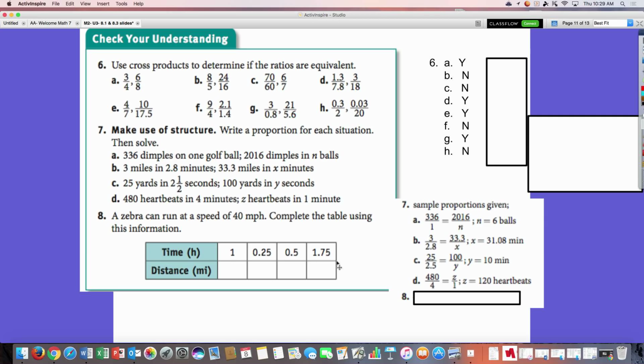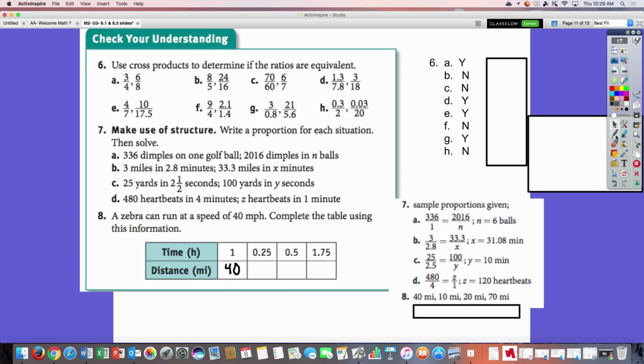Shoo! Welcome back. Well, it tells us right here, zebra can run 40 miles in 1, right? 40 miles per hour. These are hours. So you just got to kind of figure out the ratios there. Should get a 10, a 20, and a 70. How did I figure that out, right?